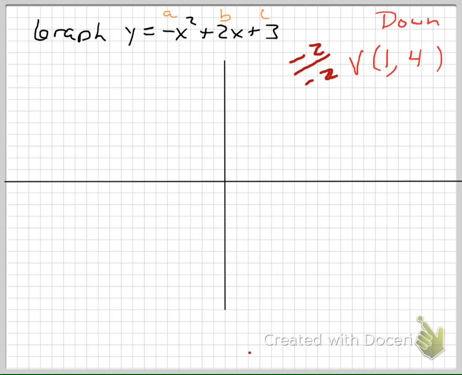If you did negative 1 and then squared it and got 1, you did the order of operations wrong for that first term. So it's 1, 4. There's the work for that I was just talking about. So that point is right there.